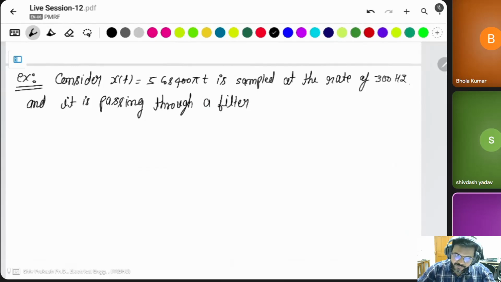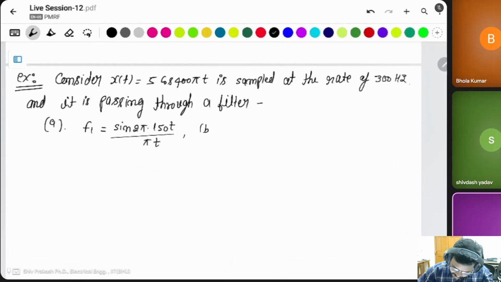There are two filters. There are two questions. A: the first filter f1 is sine of 2 pi into 150t divided by pi t. B: the second filter is sine of 2 pi into 210t divided by pi t.